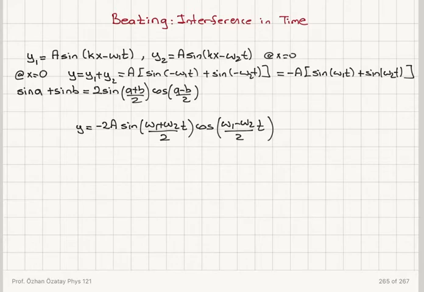So you see at x equals 0, these wave functions become y1 equals A sine(minus omega 1 t), and similarly y2 equals A sine(minus omega 2 t).